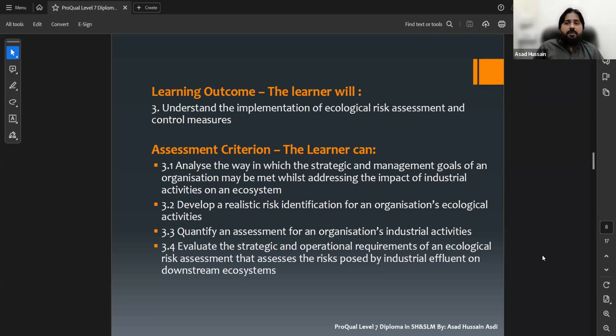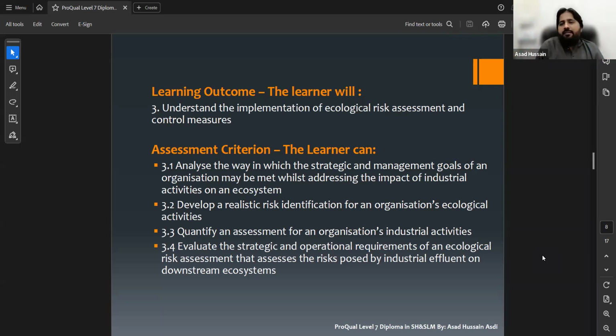There should be not only an environmental management system, but that EMS should be integrated with the occupational health and safety management system to gain the results. What results? To stop or avoid the industrial activities which are harmful to the ecosystem.